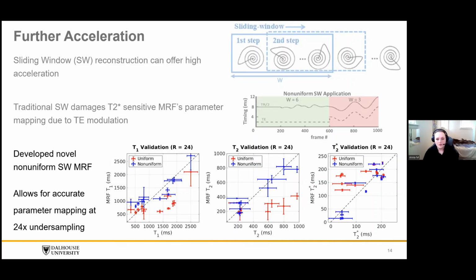And so we can say that in this current implementation, the T2 star sensitive dual contrast MRF is working correctly and can accurately perform at 24 times undersampling, which puts us at just over a minute per slice, much more in the region of where we need to be for in vivo application.